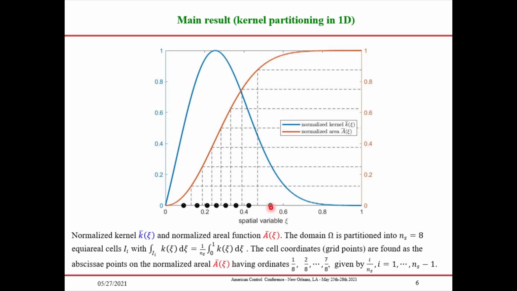I can actually partition each of those cells into 2 subcells. And if I look at the area of this subcell and the area under this subcell here, they have the same area. It's half of the area in this cell. And that's where I put the sensor. I'll repeat that for the other cells.